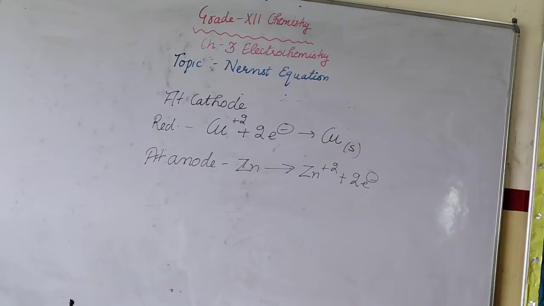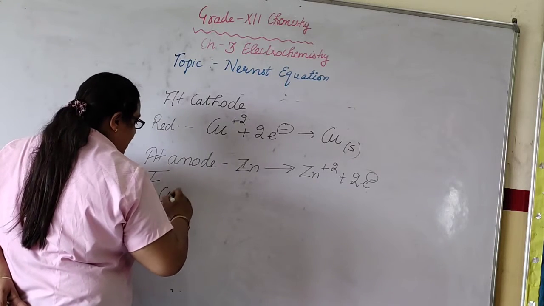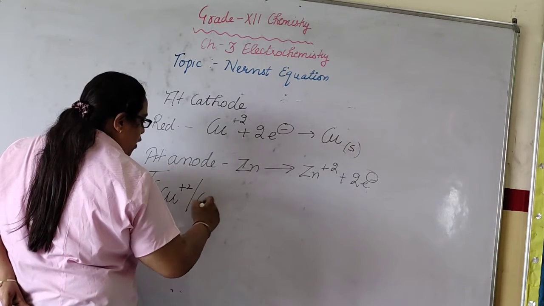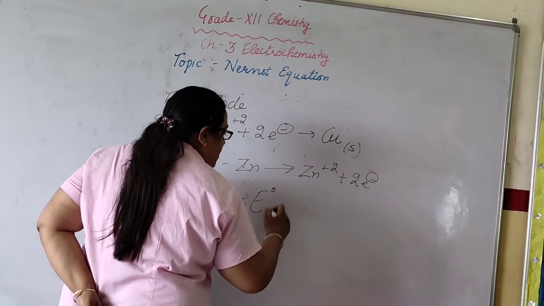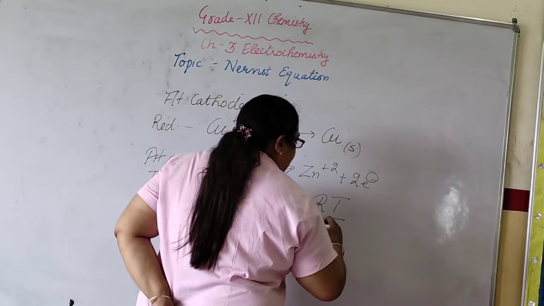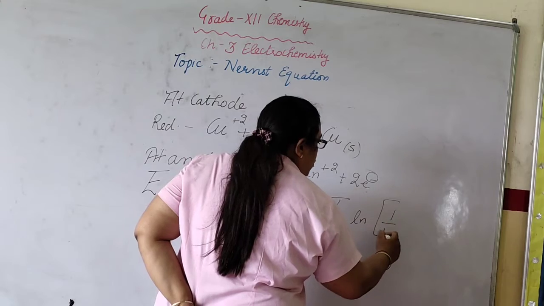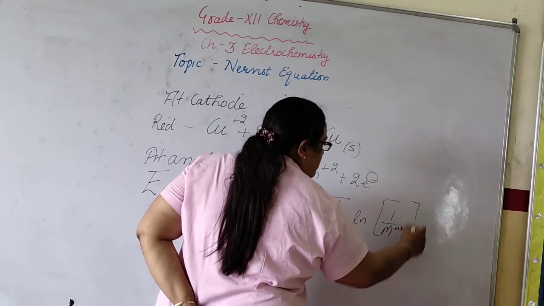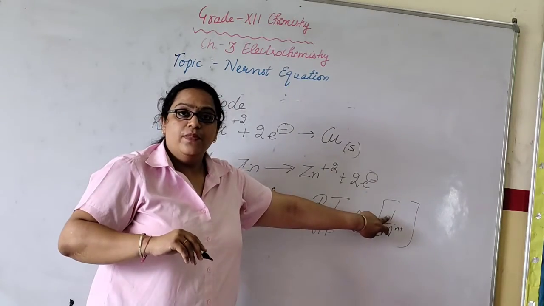Now if I ask you to write the Nernst equation for the same, how will you write it? E of cell for copper plus 2 to copper is equal to E naught of cell minus RT over nF into ln 1 over the concentration of copper plus 2. Why have I taken 1 here?